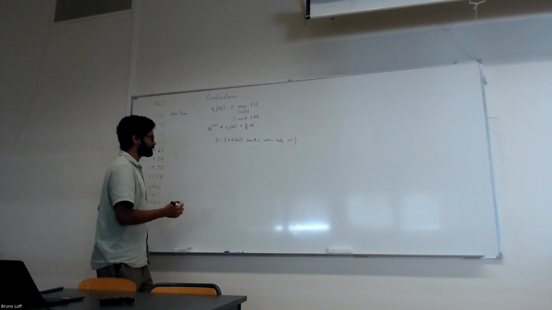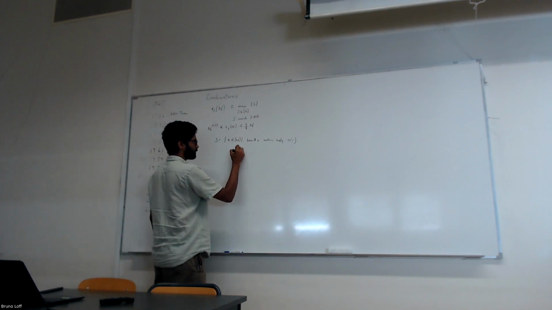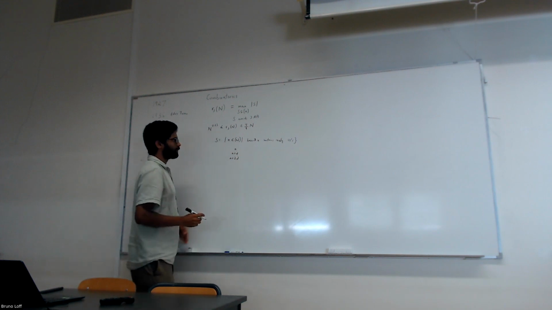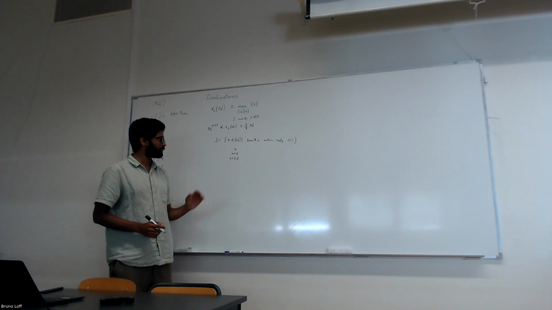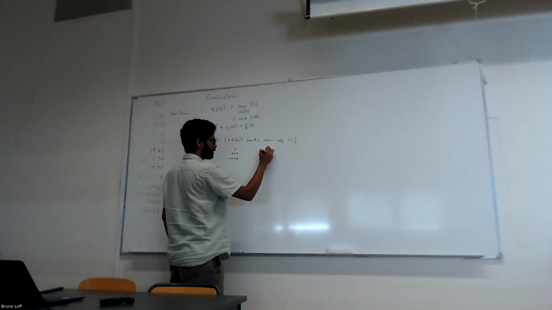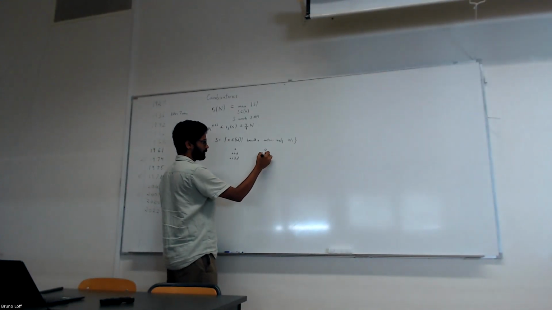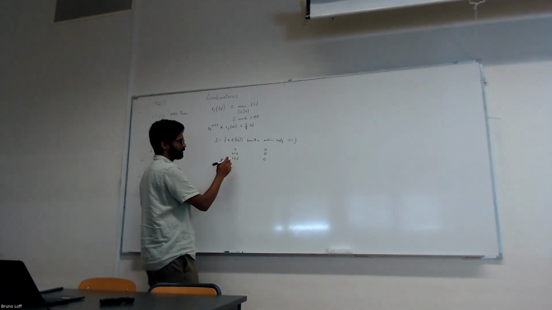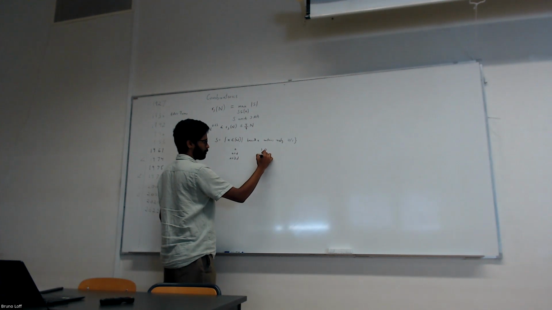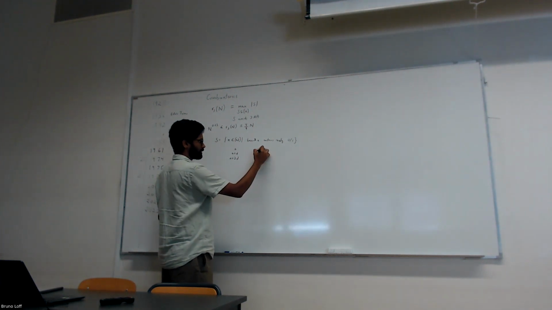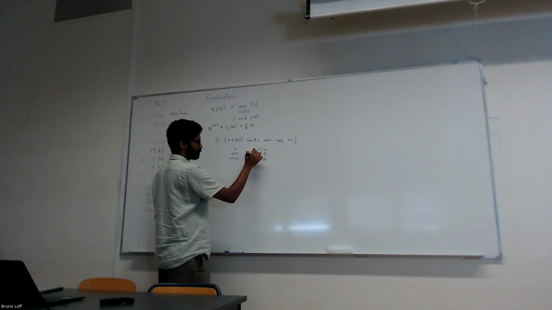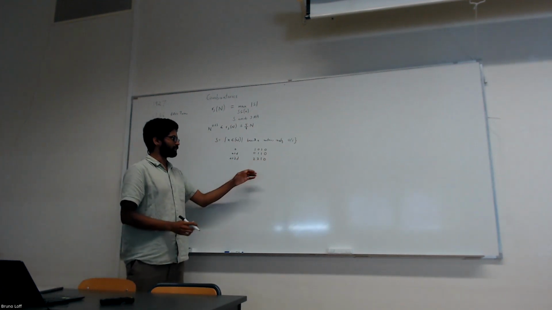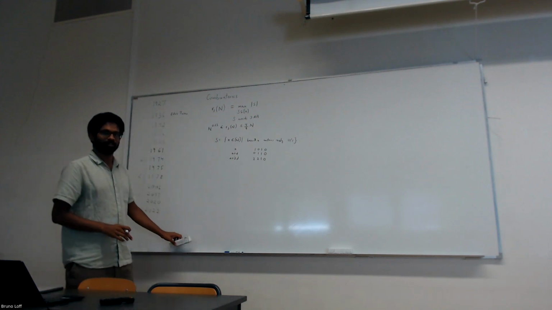Suppose that there actually is an AP, so a, a plus d, and a plus 2d are all in this set. Let's just look at the smallest digit. If that digit is 0 in the first one and 0 in the second one, then it must be 0 in the third one, because you're adding the same difference. If it was 1 here and 1 here, it must be 1. But if it was 0 and 1, then it must be 2 here. And this is the least significant digit.